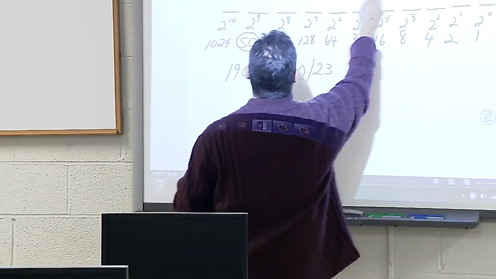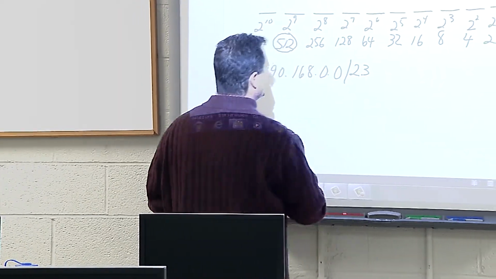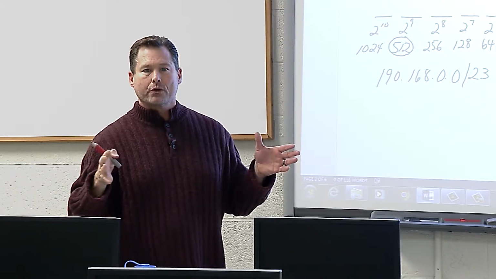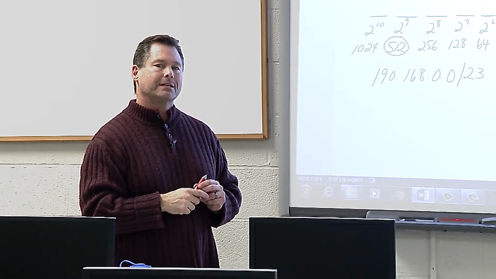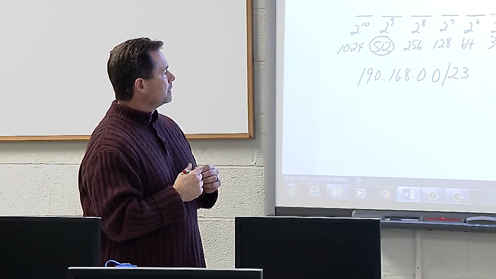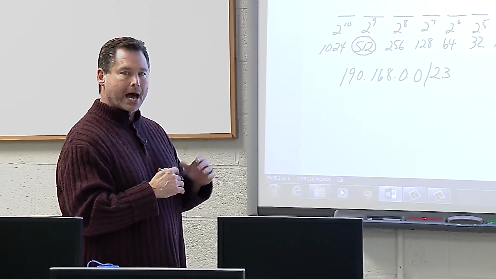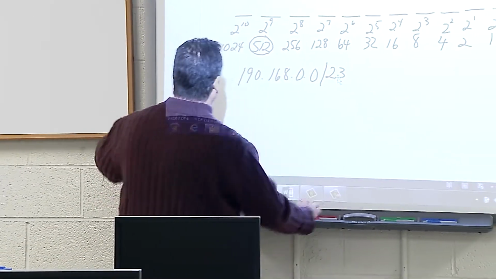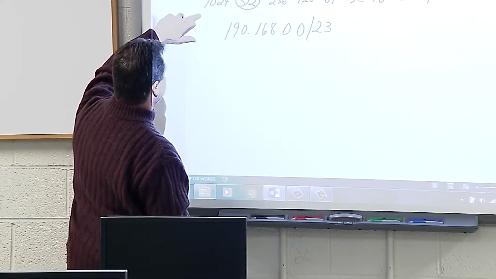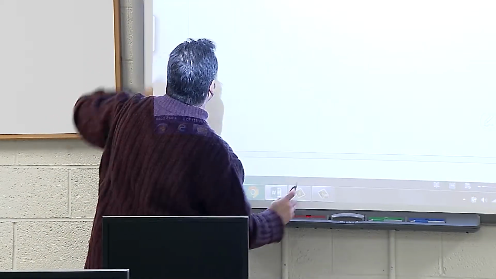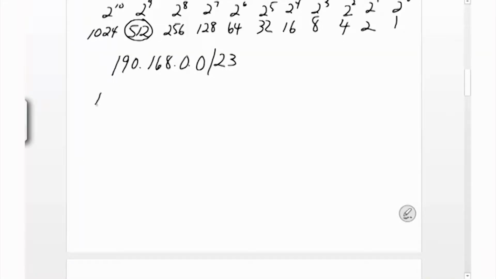Everything to the left of that bit is the 23 bits, or the /23, or the CIDR, the Classless Interdomain Routing denotation. That's how I denote that. And so my first network address is going to be exactly that, 190.168.0.0/23.